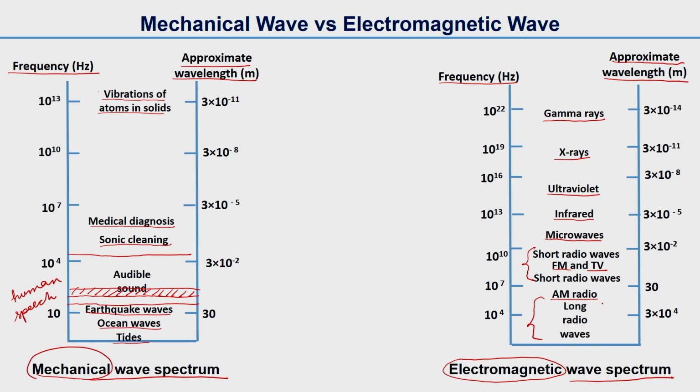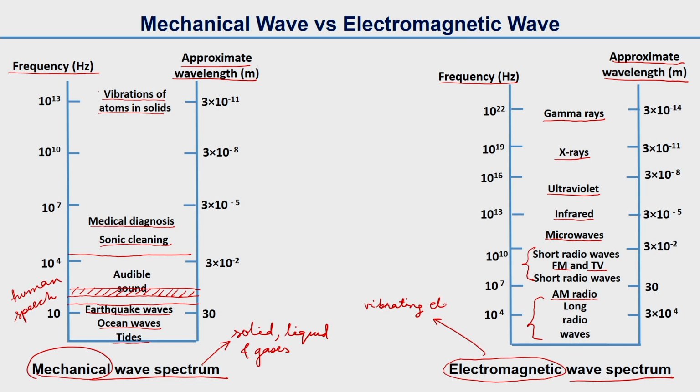So let us discuss how these waves travel. The mechanical waves can travel through solid, liquid and gases. Generally they don't go through vacuum, but electromagnetic waves are created by vibrating electric charges.